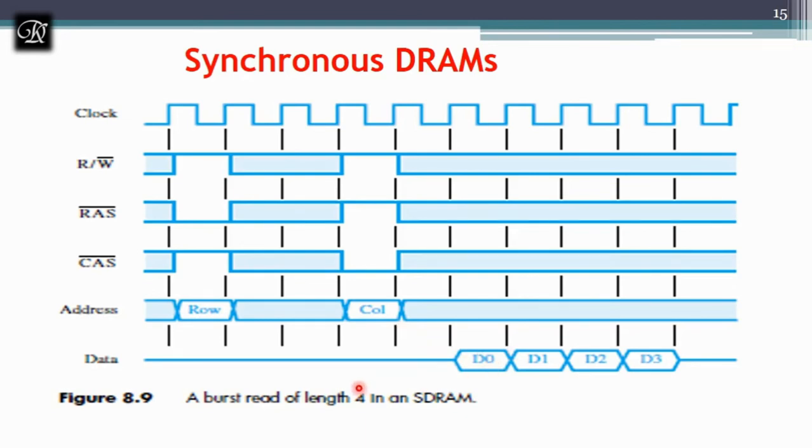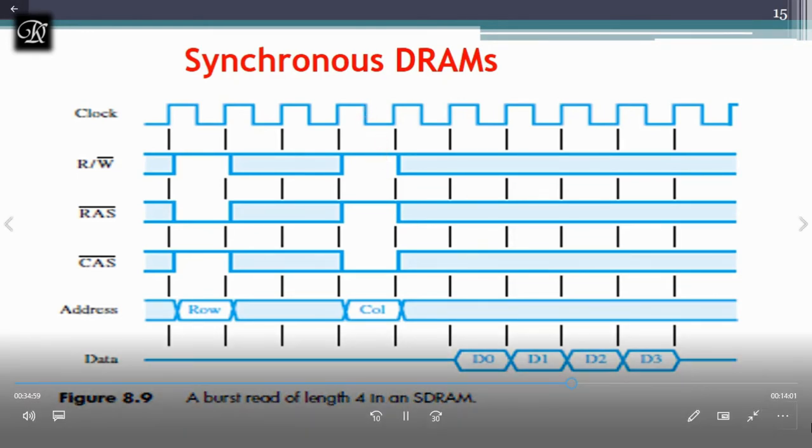And here we are reading 4 data blocks. Immediately after that, the next data block, then another data block, then another data block. Total 4 data blocks will be passed to the processor. This is how the RAM works in a synchronous mode with respect to the processor.